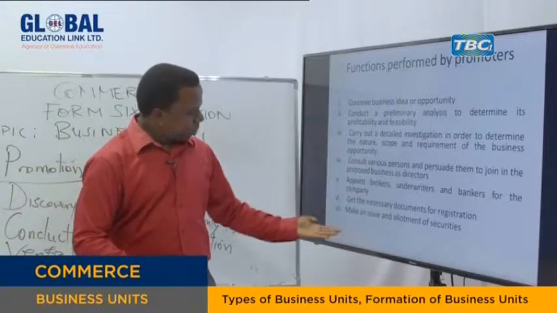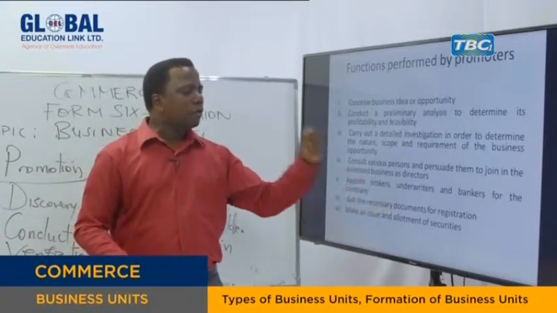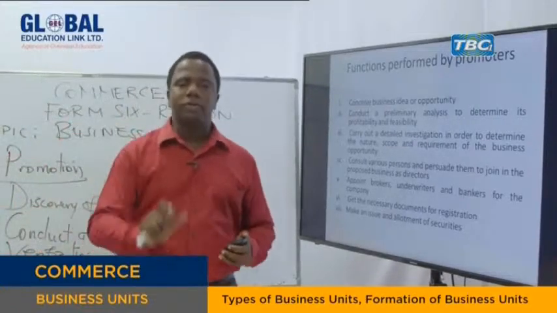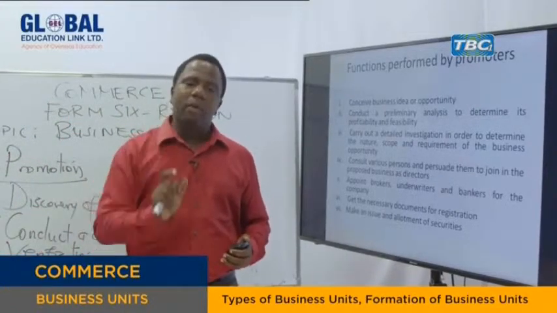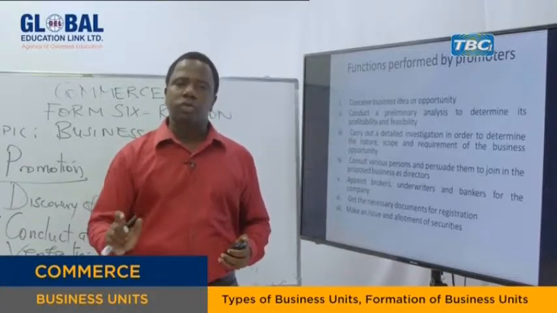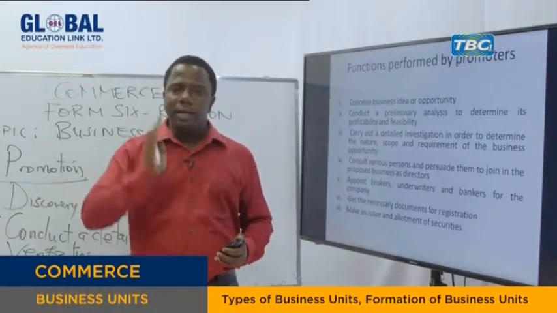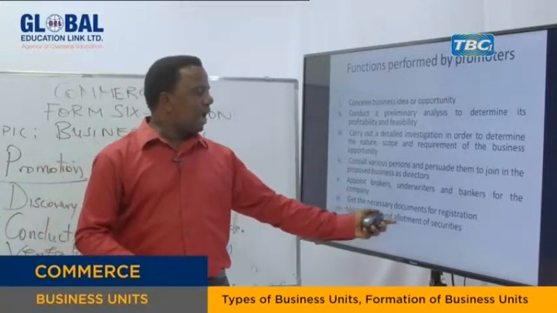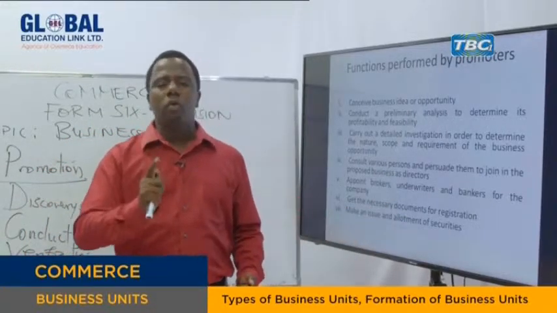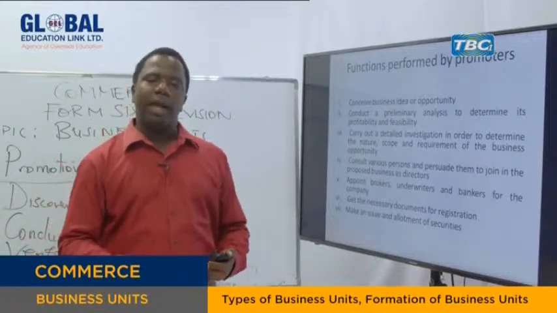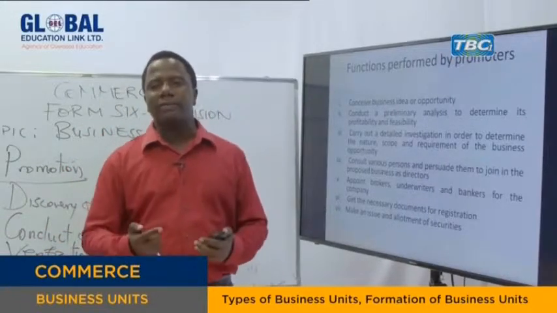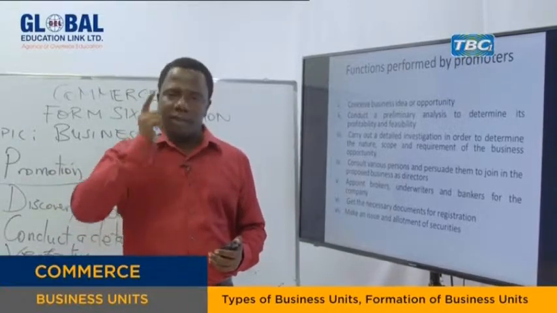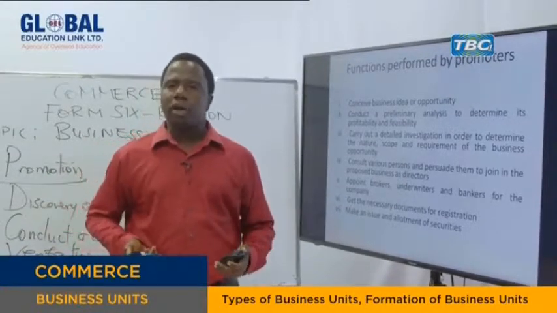Promoters also get the necessary documents for registration, like memorandum of association, articles of association, and other necessary documents. And the last function is to make an issue and allotment of shares, to raise capital for the company in order for the company to run.